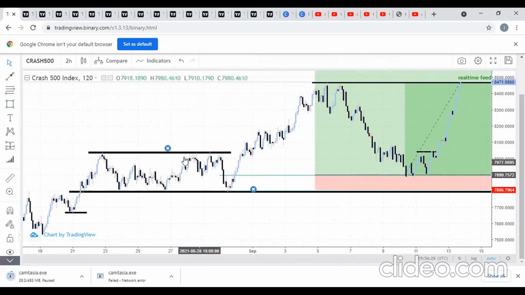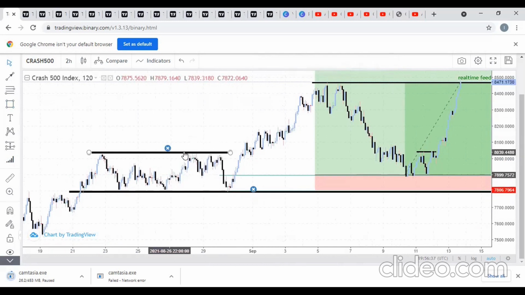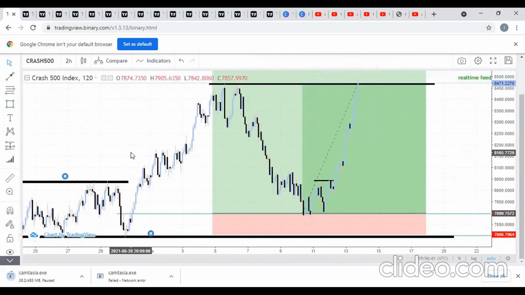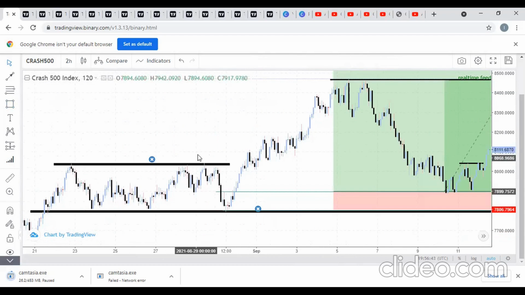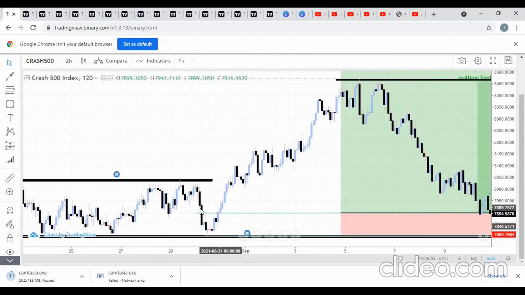What actually makes this region valid is when this high is broken. Until this high is broken, this demand zone will not be valid, right?